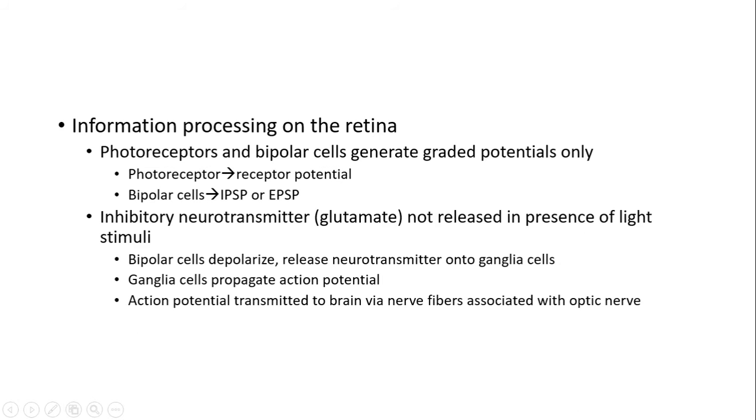So with these two slides, this really makes sense now that the bipolar cell is depolarized in the presence of the light. They release the neurotransmitter onto the ganglion cells, and then the ganglion cells propagate the action potential to the brain, first transmitted via these nerve fibers called the optic nerves, which you did in lab.